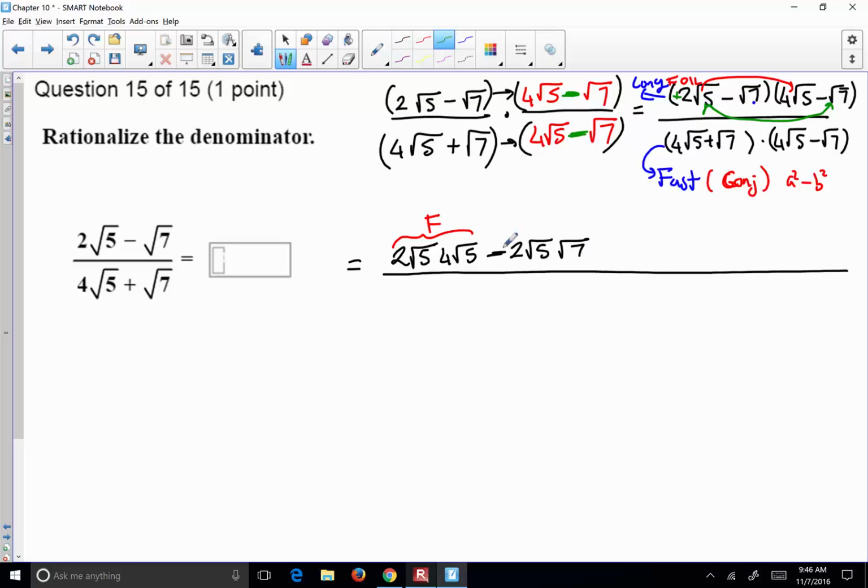This is O. I, inside terms. Minus times plus makes minus, root 7 times 4 root 5. L, last terms. Minus times minus makes plus, root 7 times root 7. Double root 7, plus.